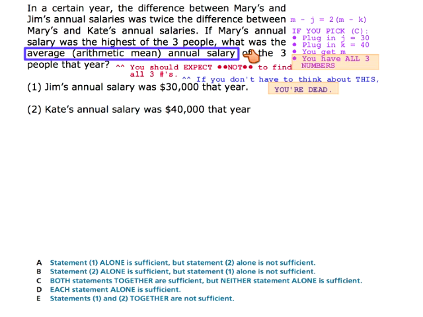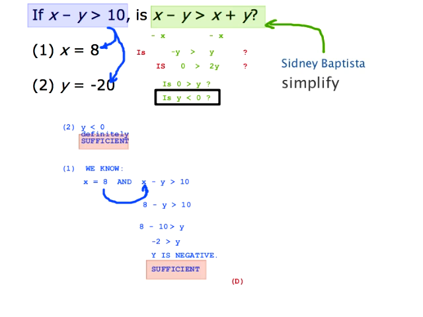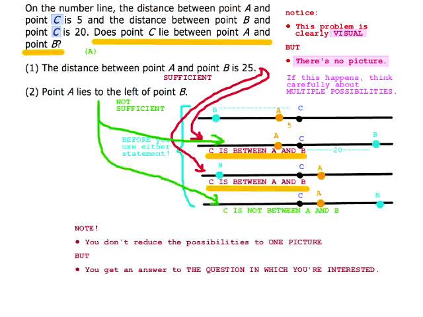If someone says, what is the average of the 3 salaries? Same thing with this problem of the number line, this thing right here. When they ask this kind of question, it is so oddly specific. Whenever they ask a weirdly specific question, you should think about why they are asking it.